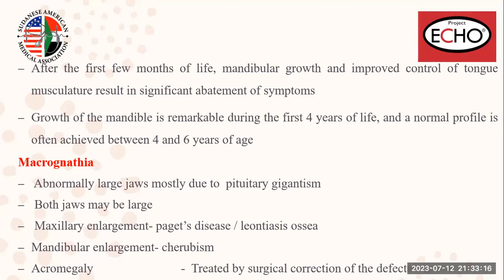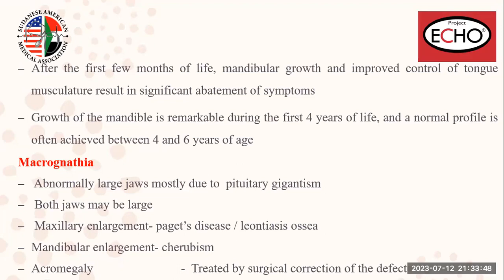The maxillary enlargement is evident in Paget's disease of bone, and it leads to what is known as leontiasis ossea, which is the appearance of a lion or a lion face. The lion does not have a nasal bridge, which is something that we will see in those patients because the maxilla is enlarged. So the nasal bridge will completely disappear, leading to the appearance of a lion.